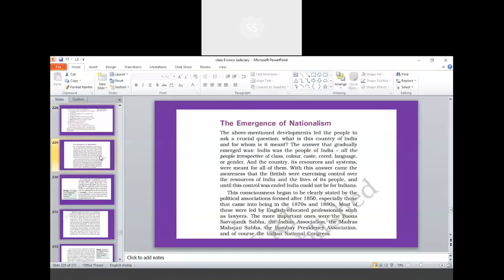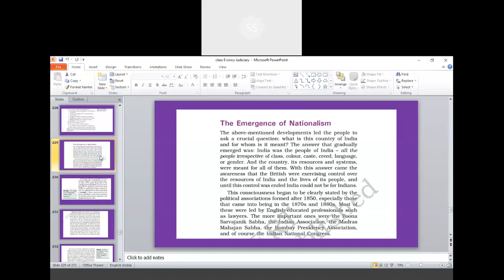Okay. Now, let us move to the topic, the emergence of nationalism. Please write down the emergence of nationalism. What is the meaning of the term nationalism?